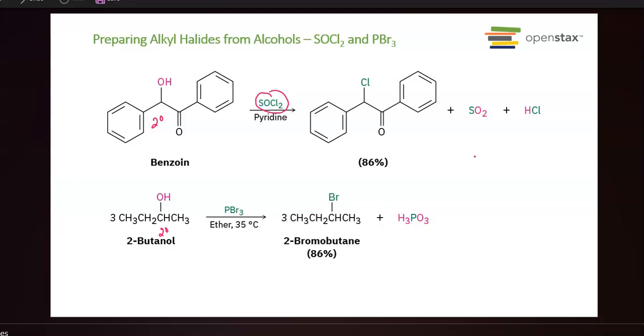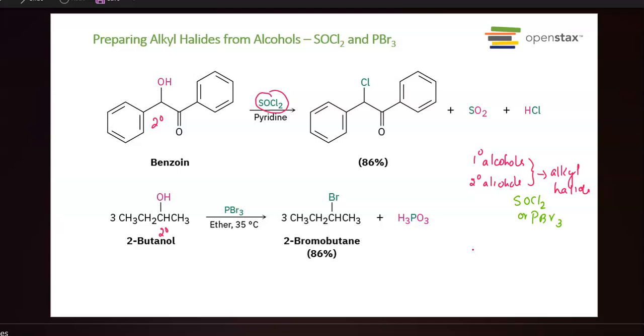So remember, for primary alcohols or secondary alcohols, the best way to convert them to alkyl halides would be to use SOCl2 or PBr3, depending upon whether you want a chlorine or a bromine.